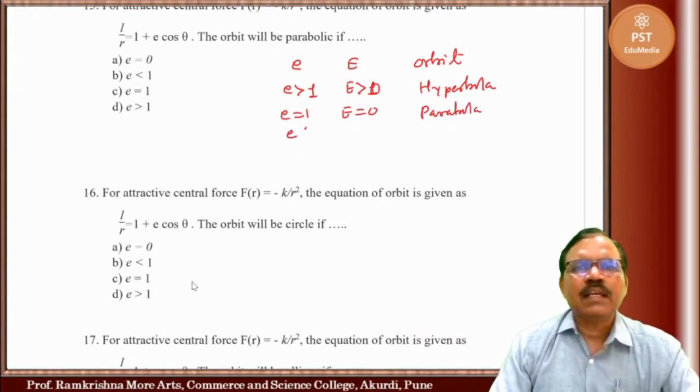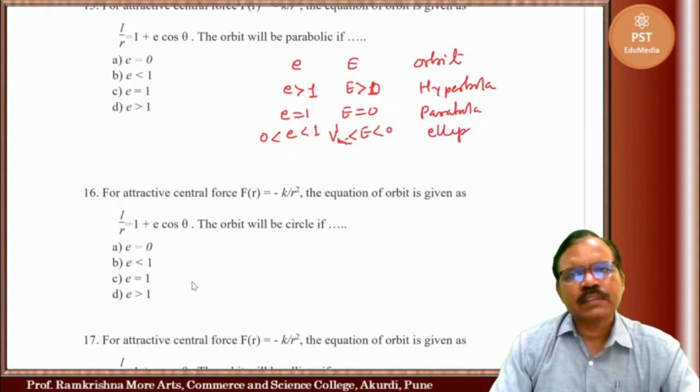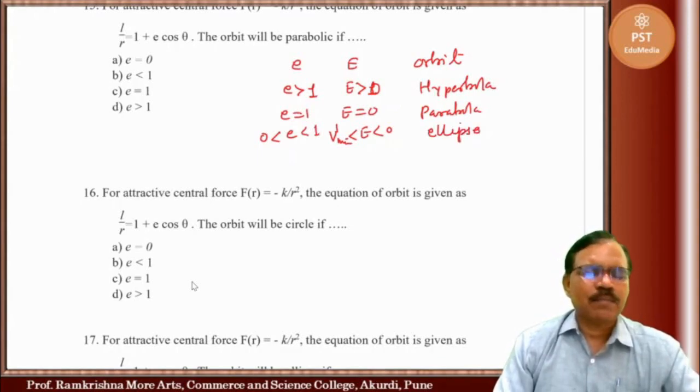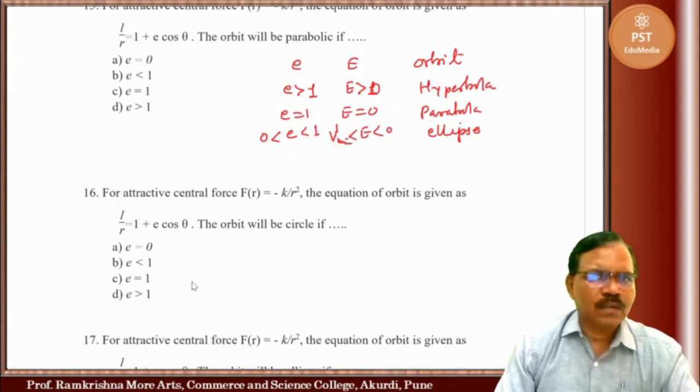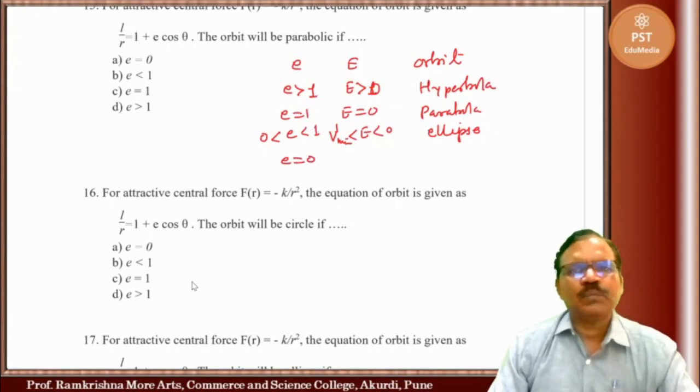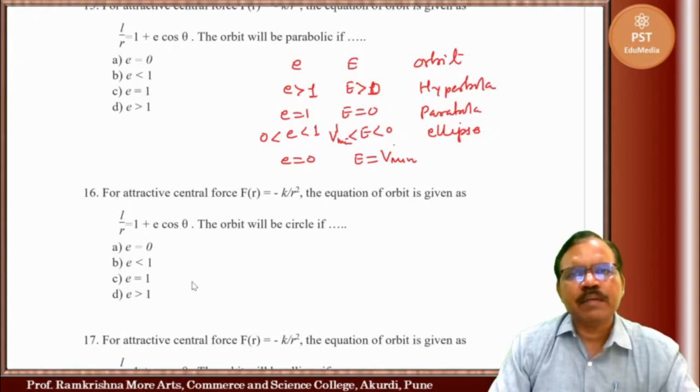Now e less than 1 but greater than 0, we have an elliptical orbit, and for e equal to 0, energy is equal to V minimum, which is negative, we have a circle.